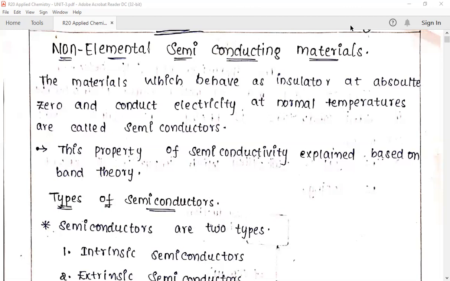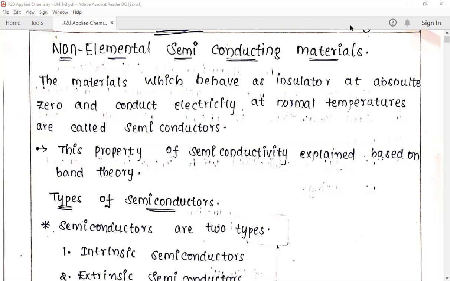It behaves either as an insulator or as a conductor based on the temperature. At absolute zero, it behaves as an insulator. At normal temperature, that is at room temperature, it behaves as a conductor. That type of solid substance is known as a semiconductor.